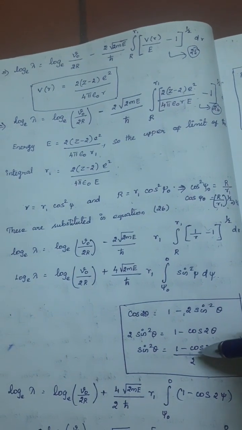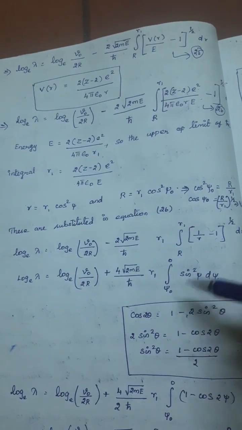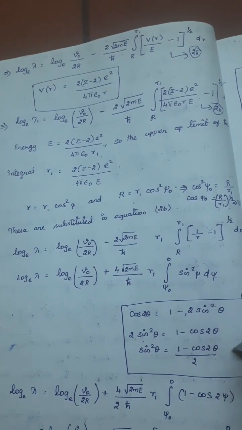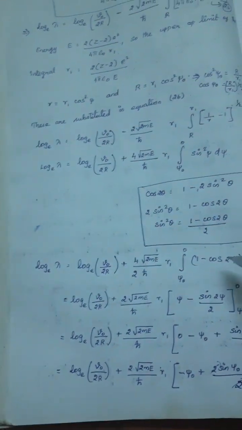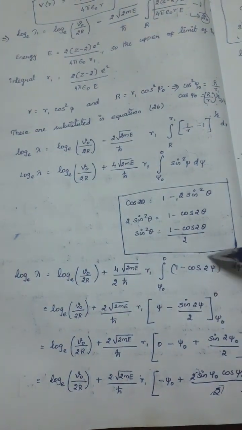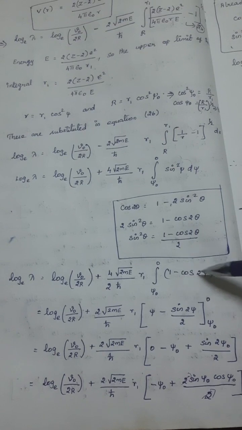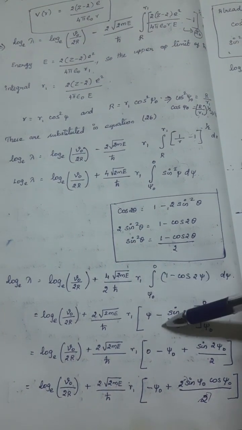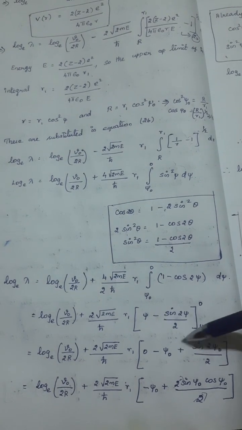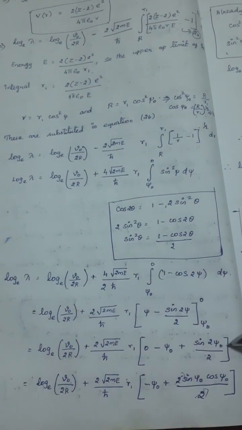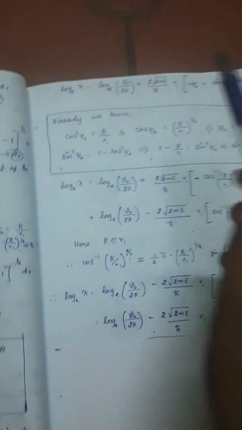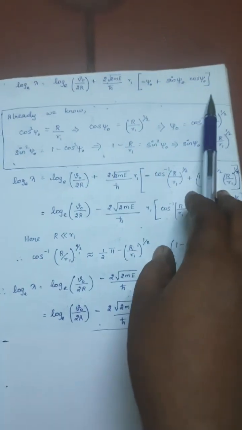Using this equation we replace sin squared psi with 1 minus cos 2 psi divided by 2. So in the equation, log base e lambda is replaced like this. This term is integrated, and we get psi minus sin 2 psi divided by 2. So substitute the upper limit minus the lower limit, and we get this equation. Now we have calculated the value. This is our equation.